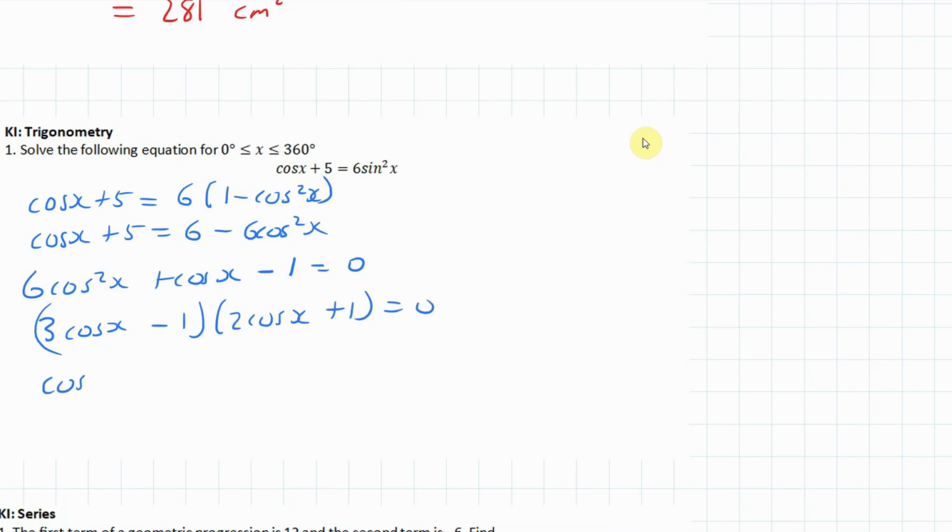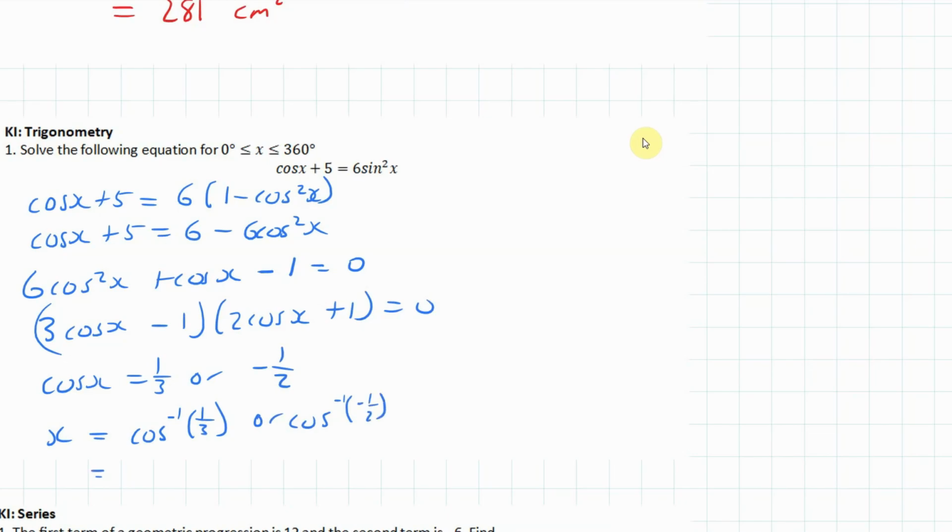So we get cosine x equals 1/3 or negative 1/2 as our two values. And we can therefore find x, the principal value, is cosine inverse of 1/3 or cosine inverse of negative 1/2.